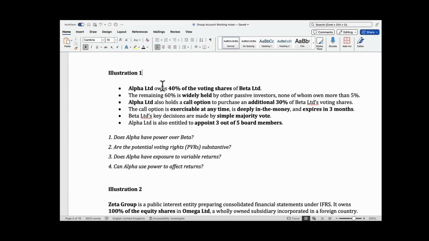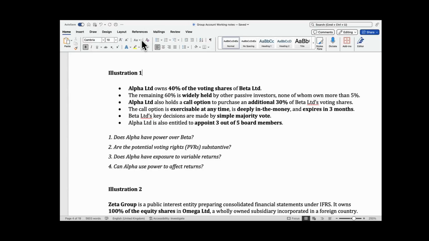Beta Limited's key decisions are made by simple majority vote. Alpha Limited is also entitled to appoint 3 out of 5 board members. Questions. Does Alpha have power over Beta? Number 2, are the potential voting rights, PVRs, substantive? Number 3, does Alpha have exposure to variable returns? And number 4, can Alpha use power to affect returns?